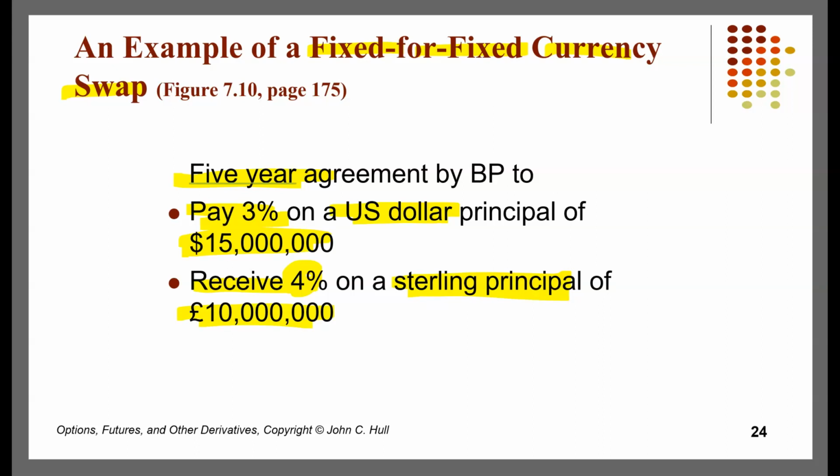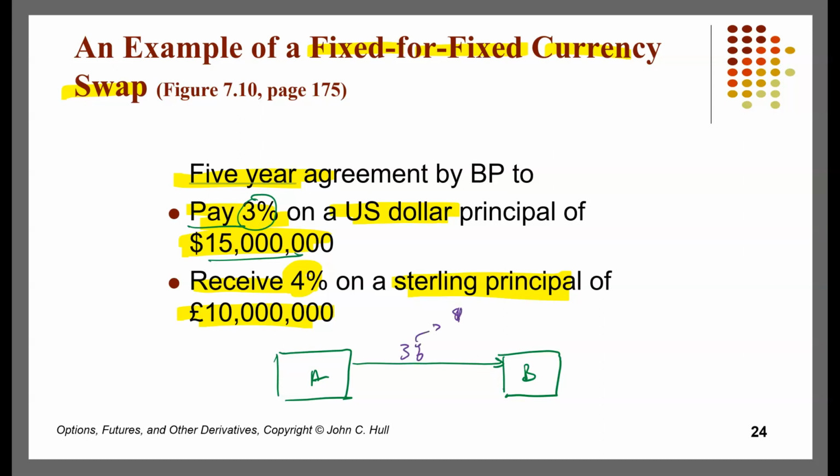And so very similar to what we had earlier, where we had two parties, A and B here, A is going to pay 3% on 15 million US dollars, so our notional is going to be in US dollars, that's 15 million, and A is going to be receiving 4% on the notional of 10 million, and the currency there is going to be in British pound. That's the idea.